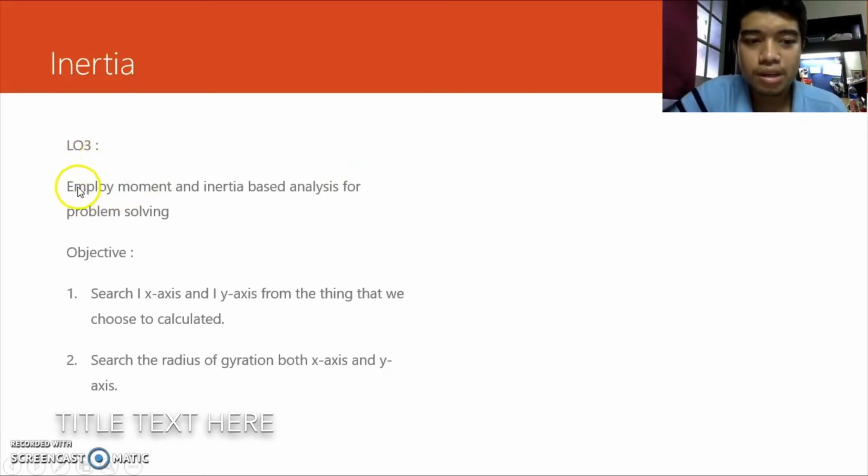The learning outcome 3 is to employ moment of inertia based analysis for problem solving. The objective that I want to achieve is to find the inertia with respect to the x-axis and y-axis for the thing that we chose to calculate, and then find the radius of gyration for both the x-axis and the y-axis.